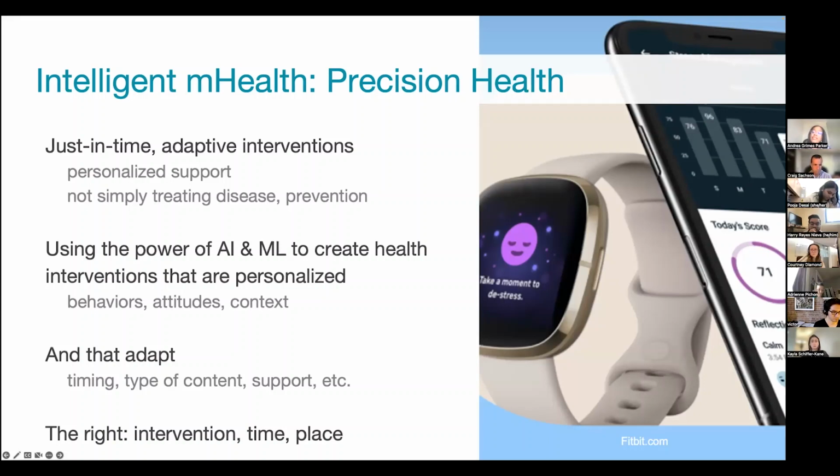And using sensors, data collection, and machine intelligence, we have the ability to create interventions that are not only personalized, but also dynamic, adapting over time, such that as a user progresses through their behavior change journey, they are provided with the right kind of support at the right time and at the right place to help them do things like resist the urge to smoke or engage in physical activity.